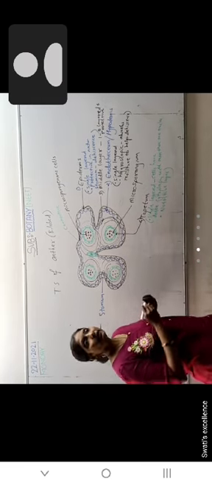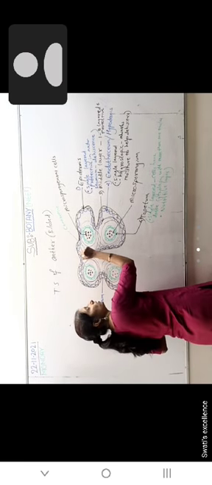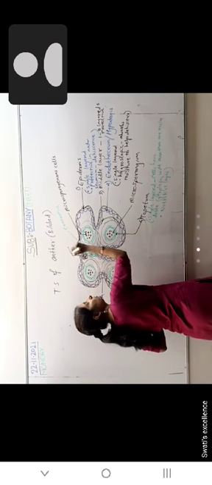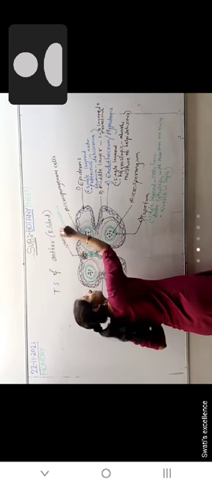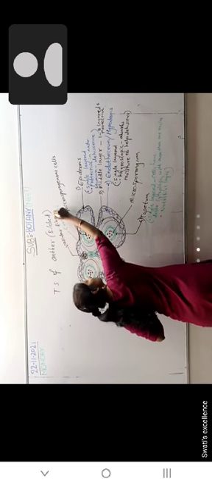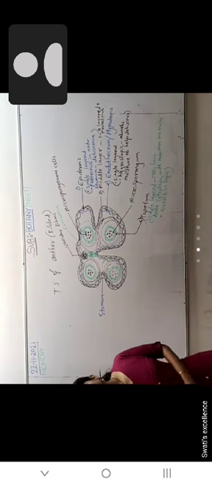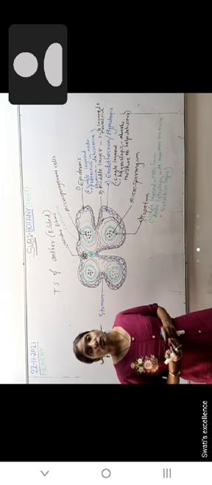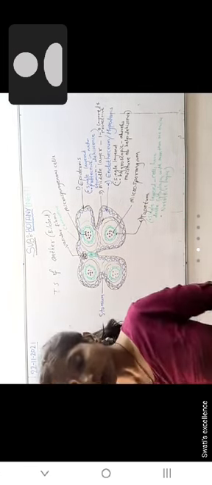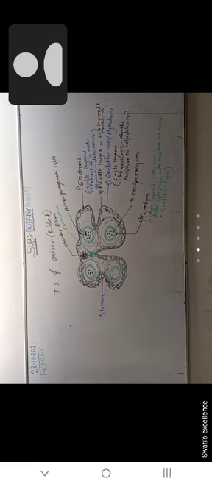Apart from that, here are some vascular fibers. Any doubt? The TS of the anther. So you are supposed to draw this diagram in your notebook. I'll click the photo and I'll send on the group.